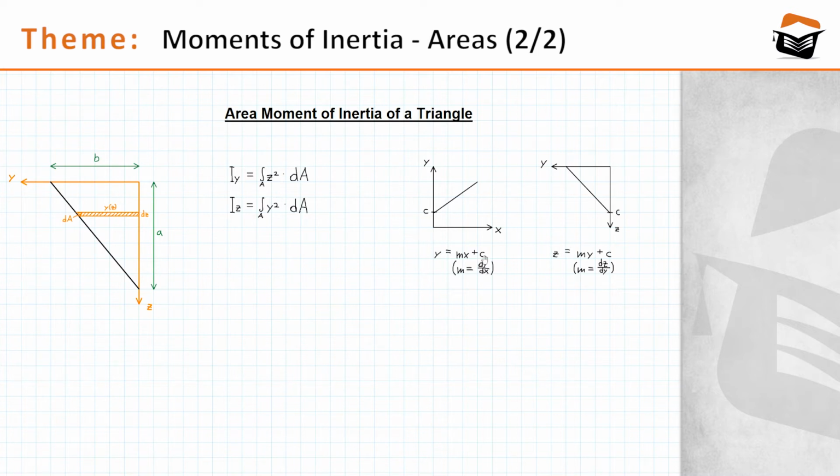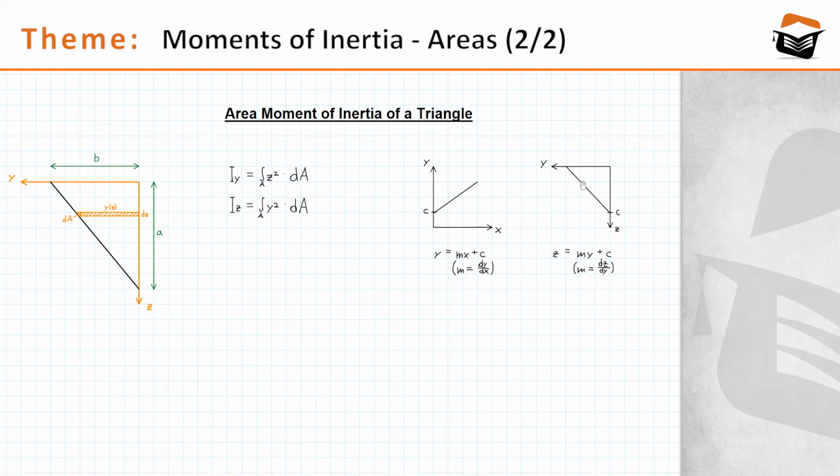You could also say the rise over the run. Because the coordinate system in our situation, where y goes to the left and z goes downwards, is different from the traditional coordinate system, we need to reformat the equation for the straight line.